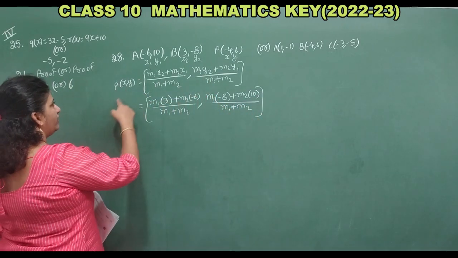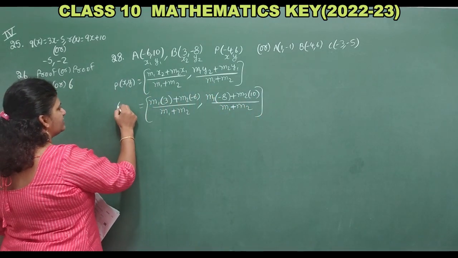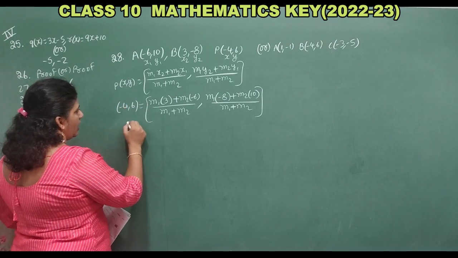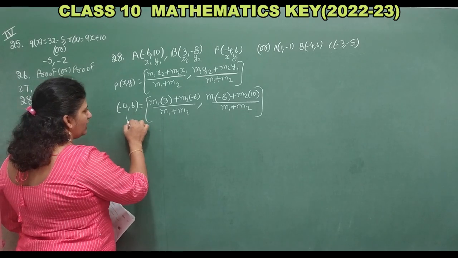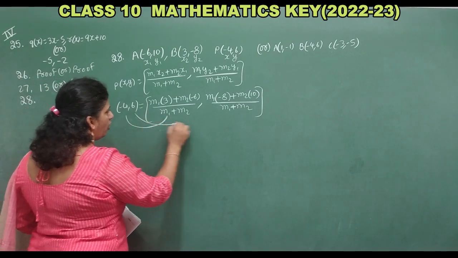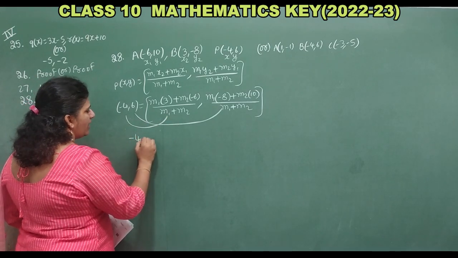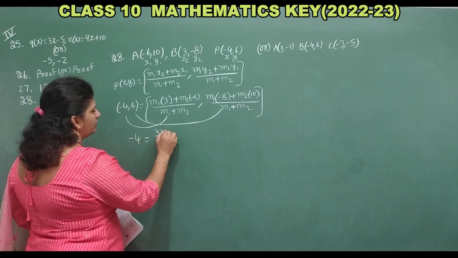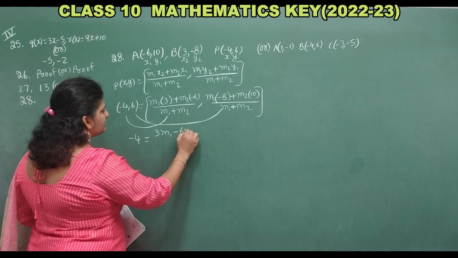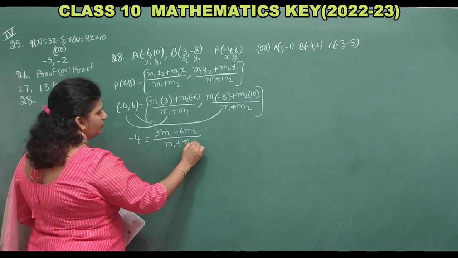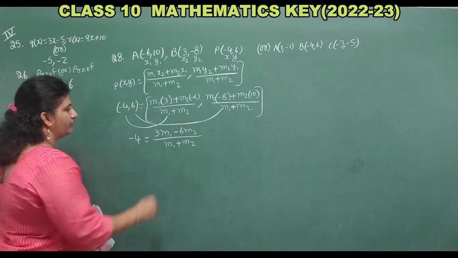And the point of division P of x comma y is minus 4 comma 6. Now you can equate these two or these two. So let me equate the first pair. Minus 4 is equal to (3m1 minus 6m2) by (m1 plus m2). Any pair you can take, children.